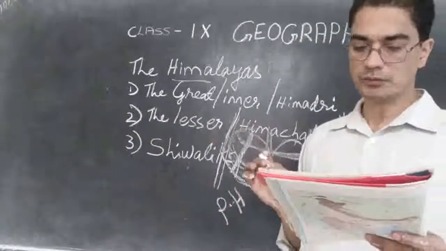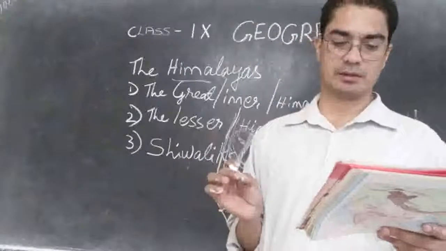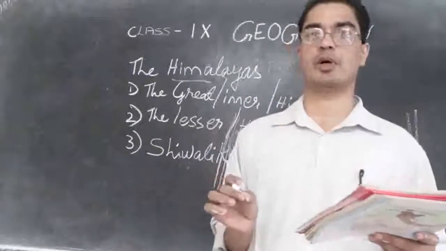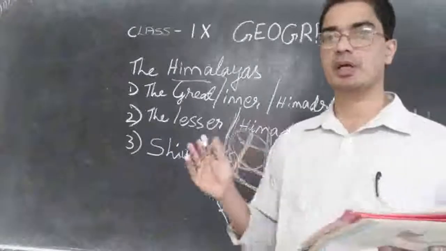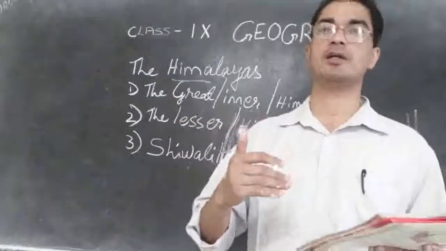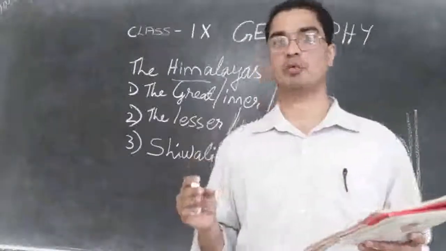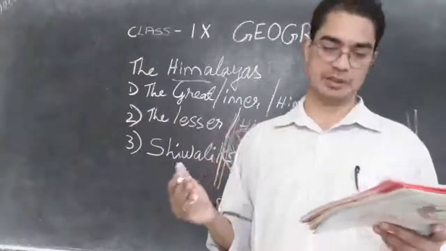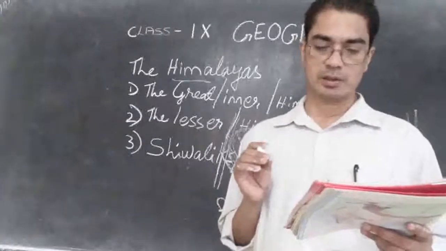And they are known as Purvanchal, or the eastern hills and mountains. So when it is reaching the most eastern part, it is making a sharp turn, and that is called Purvanchal. Or what is the name of Purvanchal? Eastern states.